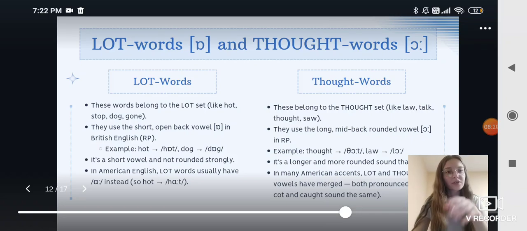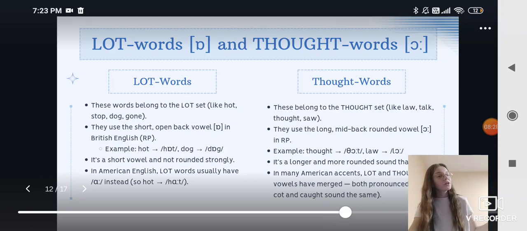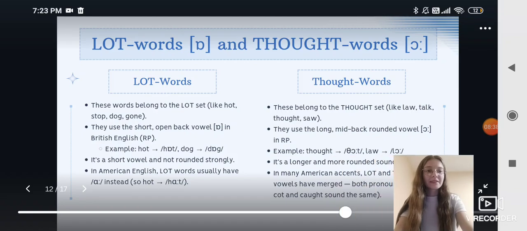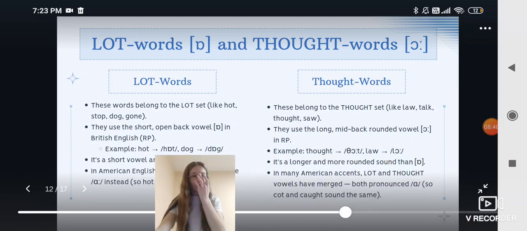In American English, the lot vowel is usually replaced instead. In American English, they don't pronounce the lot vowel so commonly. Instead, they say hot with a different vowel. And next we have the thought vowel.